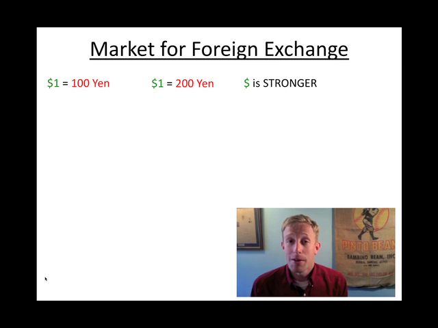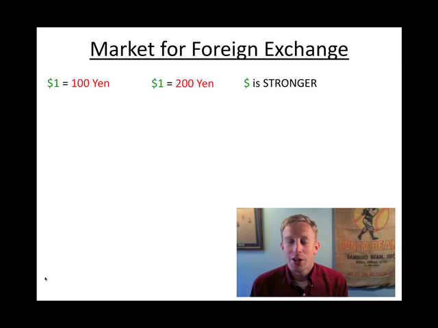But there is a dark side to this, if you will. If we can buy more yen, it also means we can buy more Japanese products for a lower price. Think about it this way. Let's say that there's a camera that you want to buy from Japan that costs 1,000 yen.